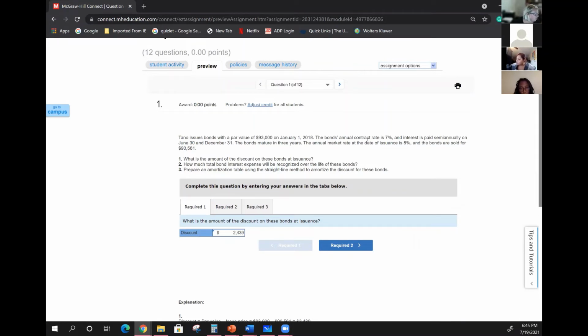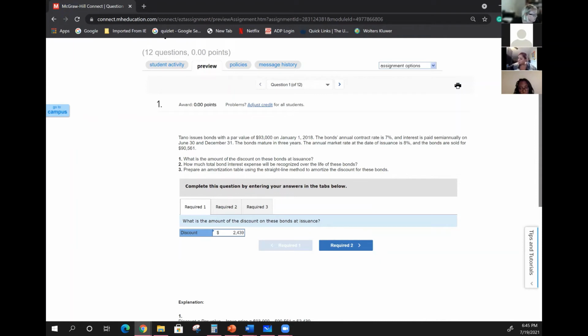The bond's annual contract rate is 7%. The interest is paid semi-annually on June 30th and December 31. The bonds mature in 3 years. The annual market rate at the date of issuance is 8%, and the bonds are sold for $90,561. So the par value is $93,000, and I'm selling it at $90,561, which means I've sold it at a discount.